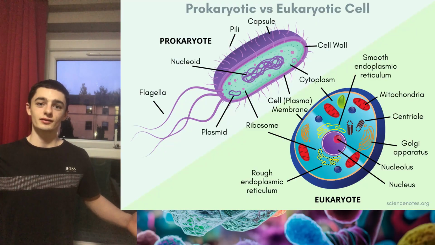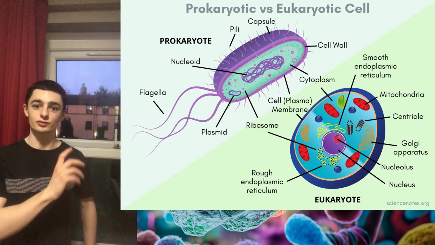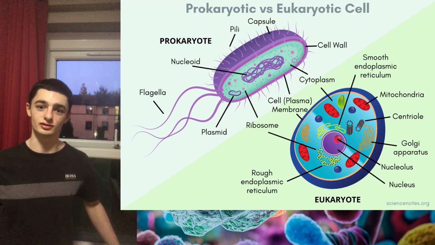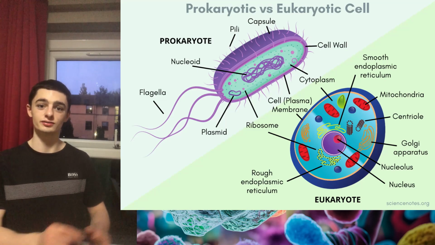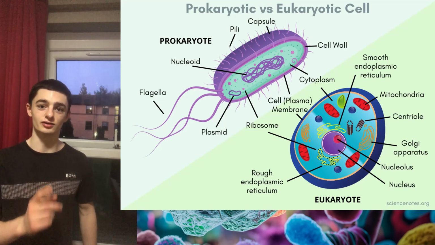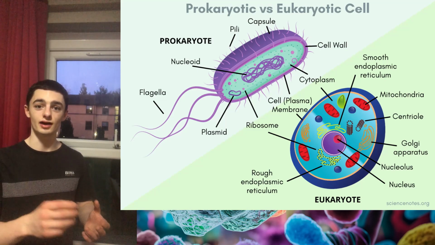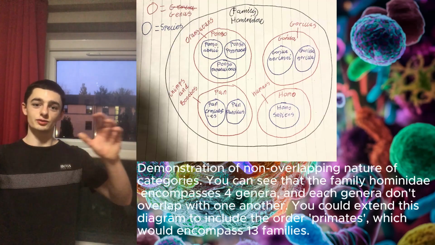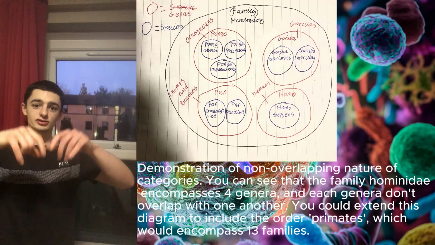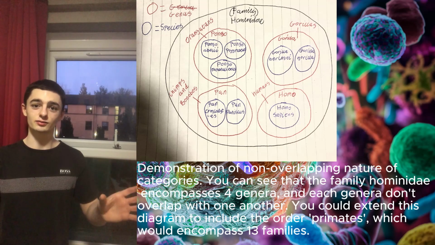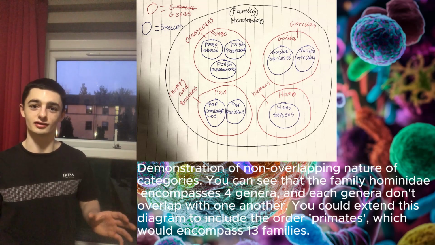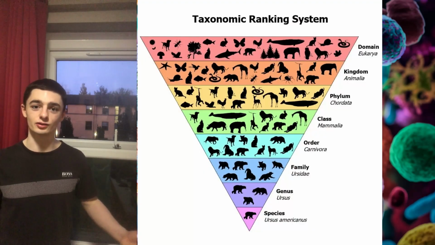And so the way they're classified, prokaryotes don't have a nucleus, so before nucleus, prokaryote, and eukaryotes have a nucleus, after nucleus. And then these domains are further sub-classified into 5 kingdoms. You'll have to forgive me, I can't remember all the kingdoms, but an example would be the animal kingdom.